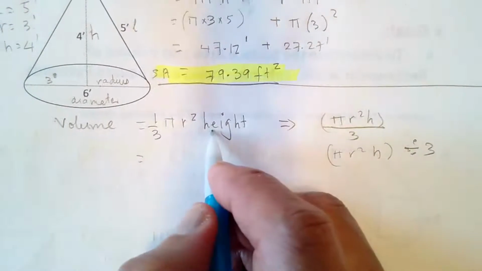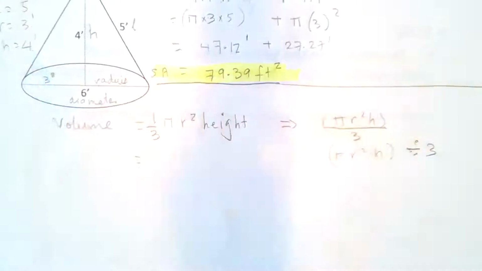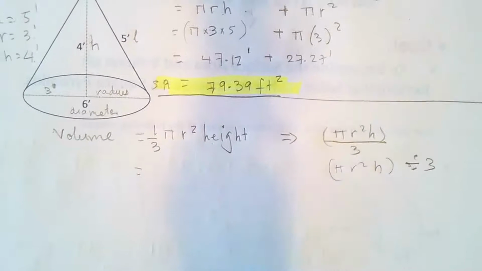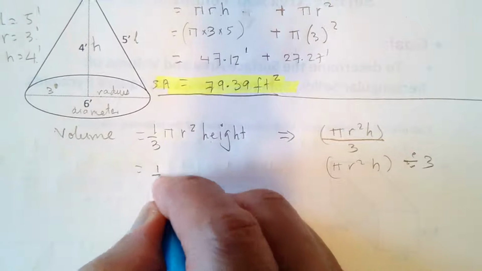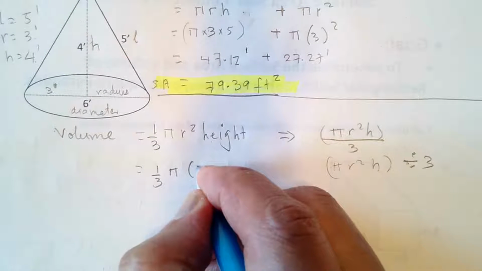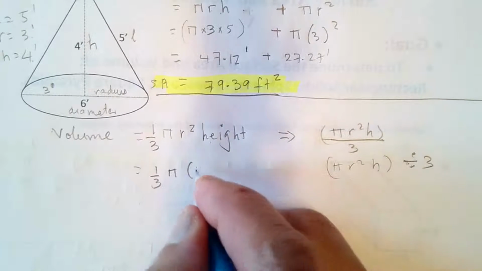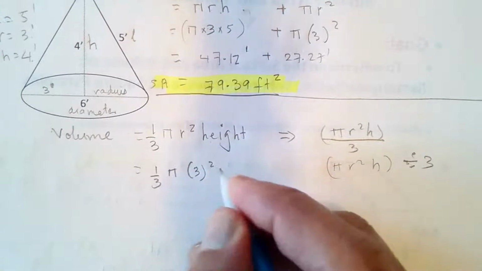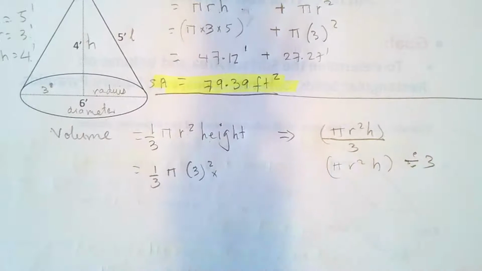So we know our height when we calculate our volume. So we have 1/3 pi, the radius, sorry, we need a radius here, which is 3 to the power 2, times our height.